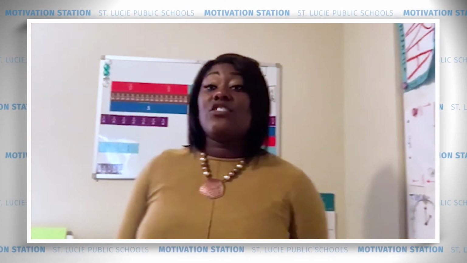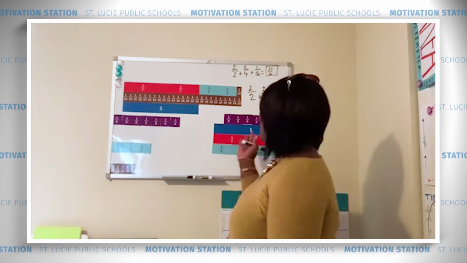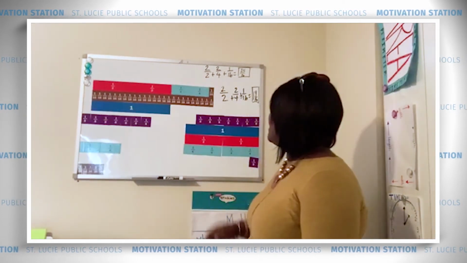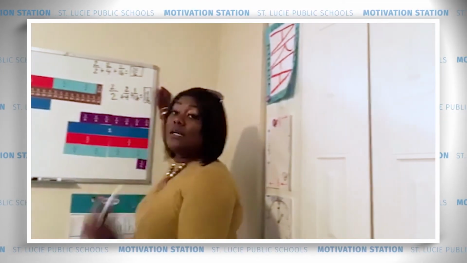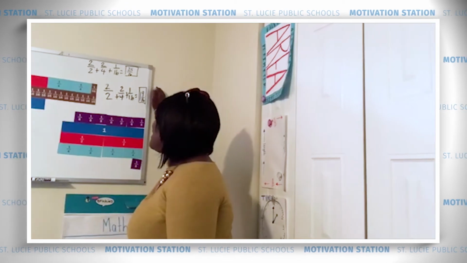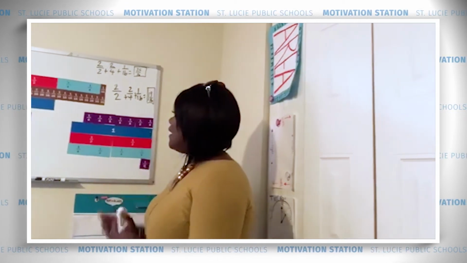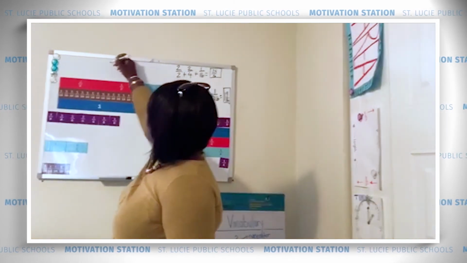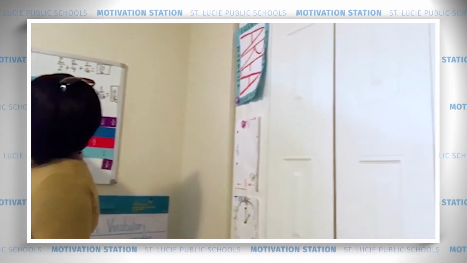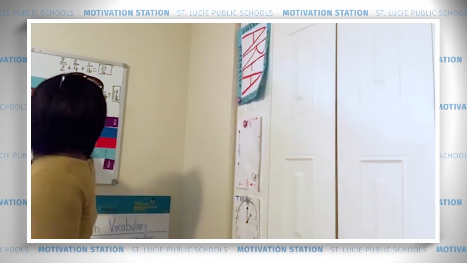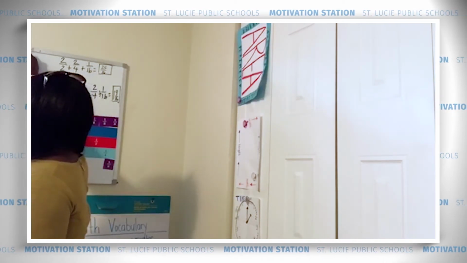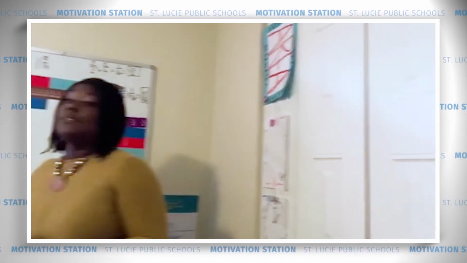There is the mixed number representation of 2/2 plus 2/4 plus 1/16. It's also the mixed number representation of 25/16. 1/2 and 9/16. So let's just write this out as clear as day. 25/16 is equivalent to 1/2 and 9/16.